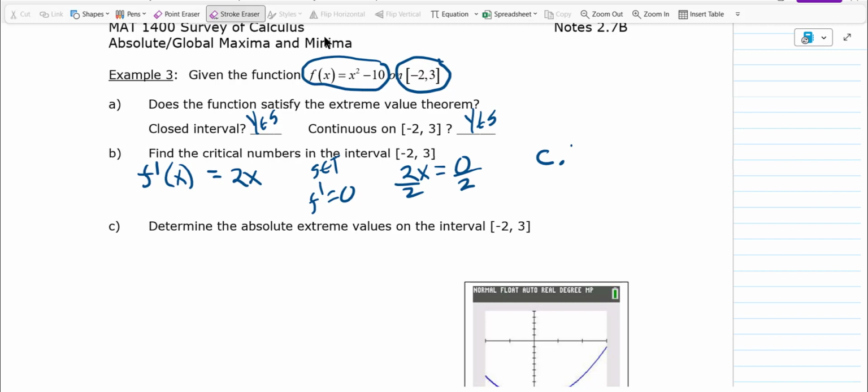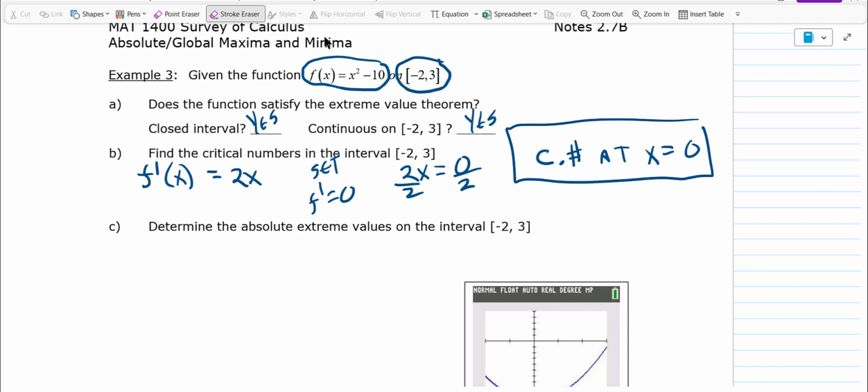So you get a critical number at x equals 0, and that's the only critical number you have. Sometimes you'll have more than one, sometimes you'll have none. It just depends on what the derivative is. And the derivative is never undefined. 2x is a linear function, a line, so it's never undefined. So that's your only critical number.